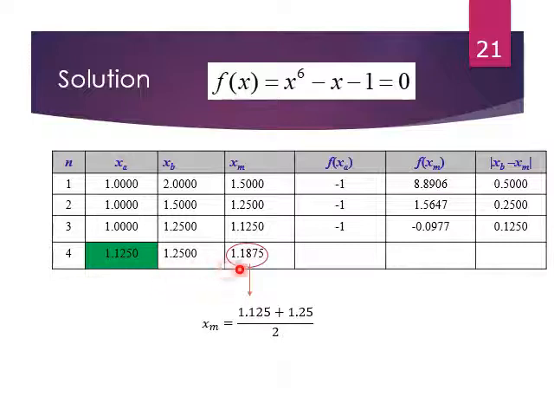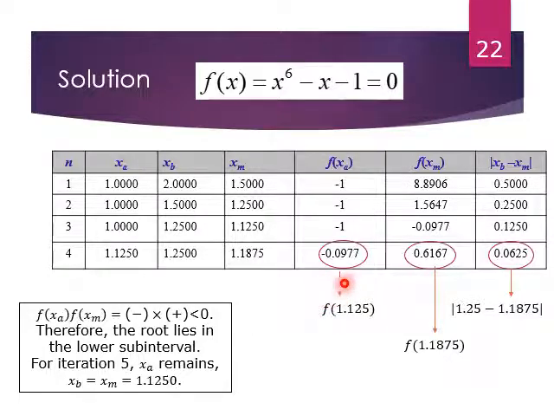We're going to repeat the process. Now xa is equal to xm from the previous iteration, and xb remains xb. Again, halve the interval, and you get 1.1875. Evaluate the function at points xa and xm, and then find the error. You only need to halve the error, 0.125 divided by 2.